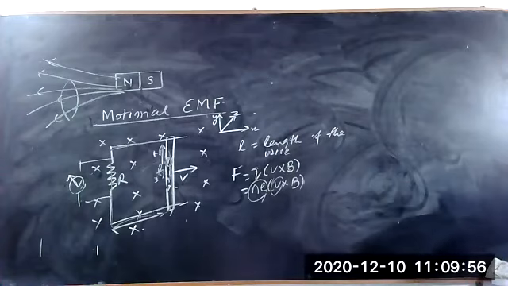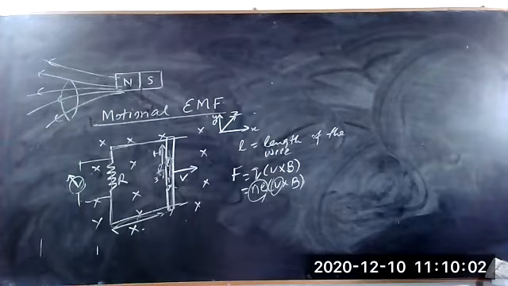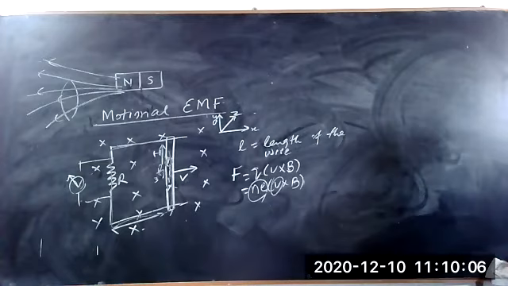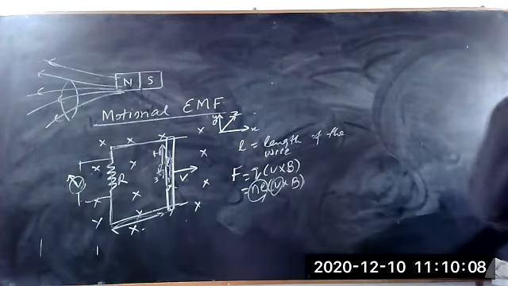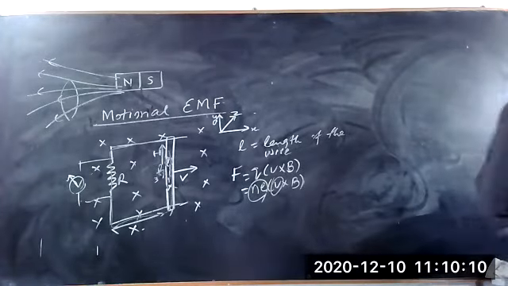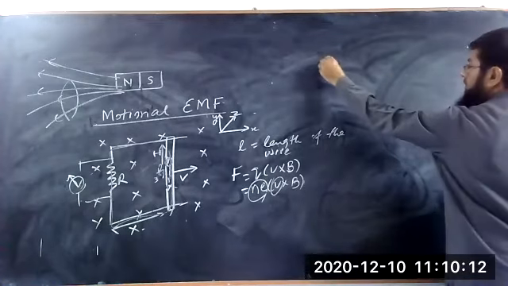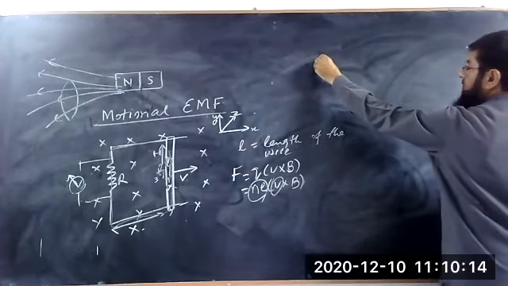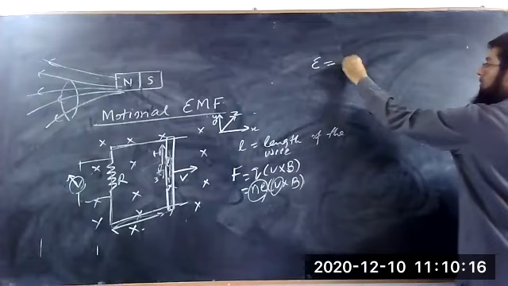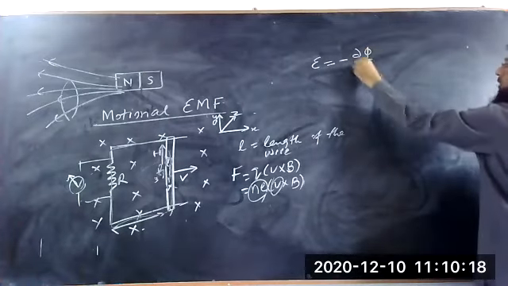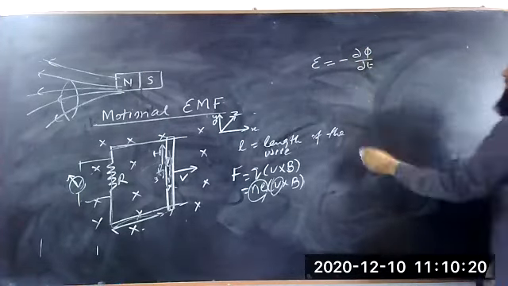So now the motional EMF is the rate of change of magnetic flux passing through it. EMF is equal to minus d phi over dt.